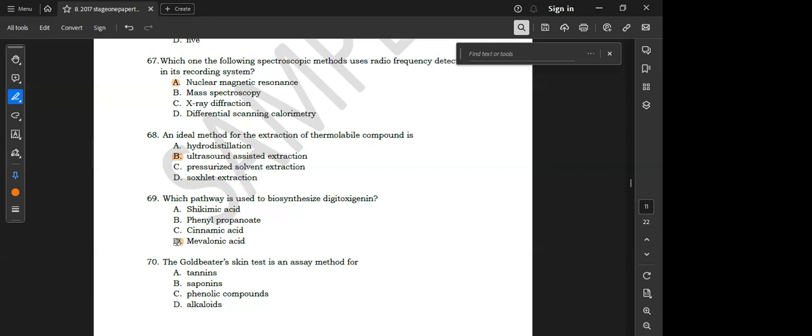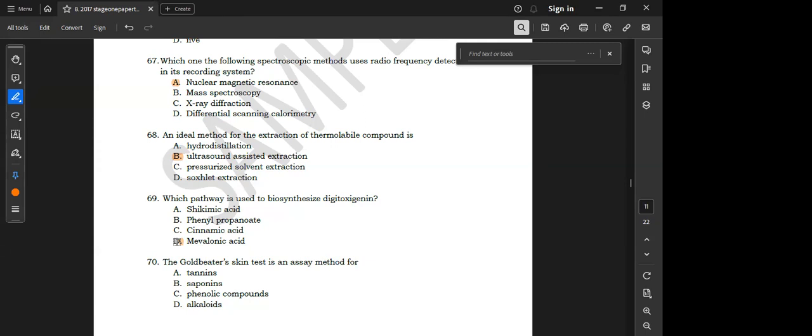Okay, anyone else who has something to add on that? Then we can continue. The gold beater's skin test is an assay method for tannins, saponins, phenolic compounds, and alkaloids.